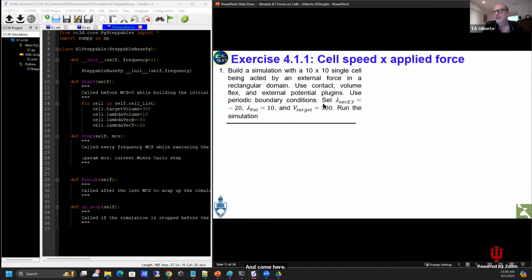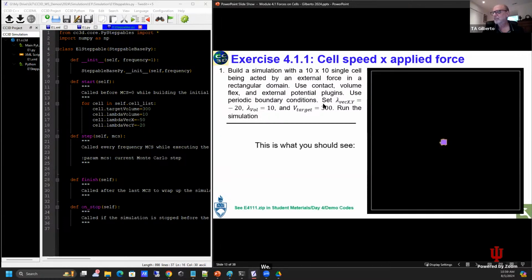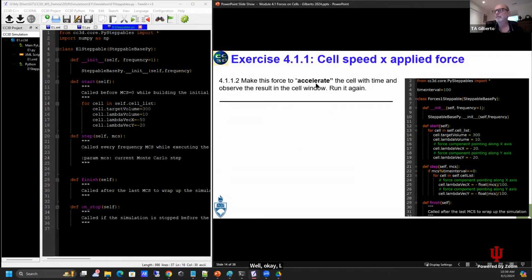Now, okay, I went over this already. So let's make now the cell accelerate. To do that, we have to change the value of the force during the simulation. We stabilize the initial value for the lambda vec x and y, but now we are going to change it in a certain interval of time.